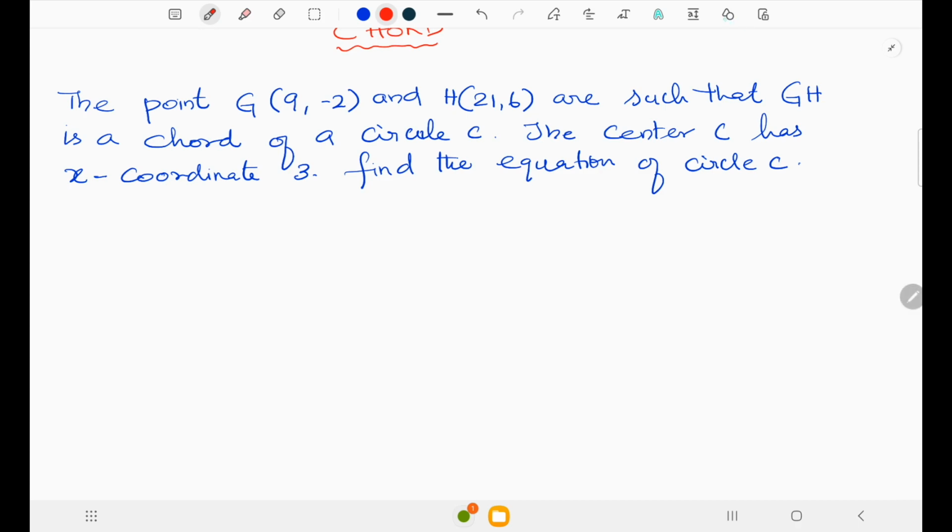So from this what we understood is that there is a circle and there is a chord.